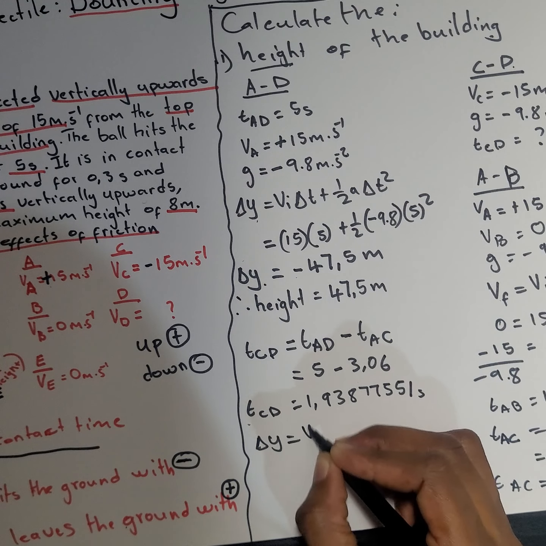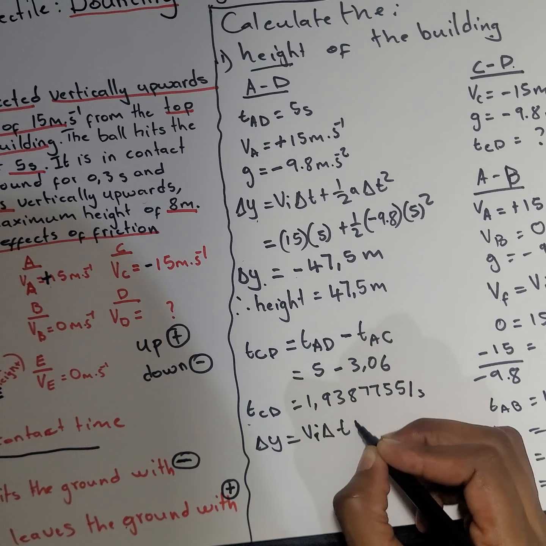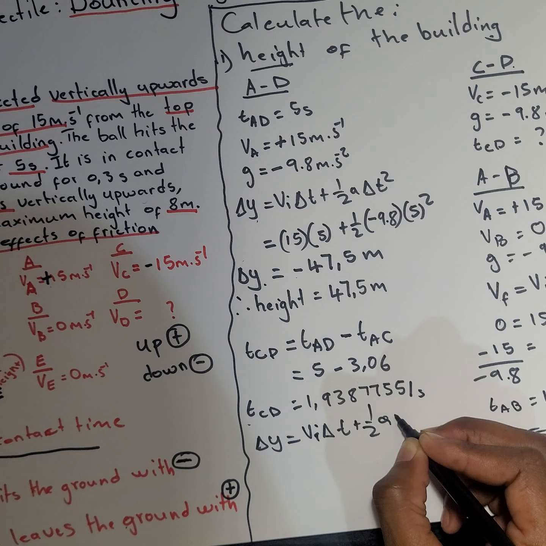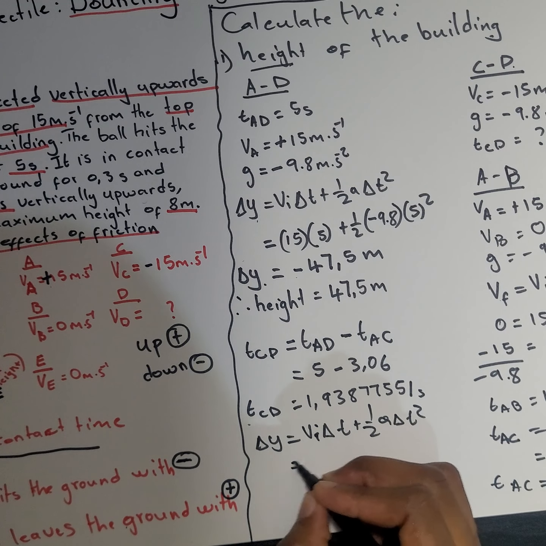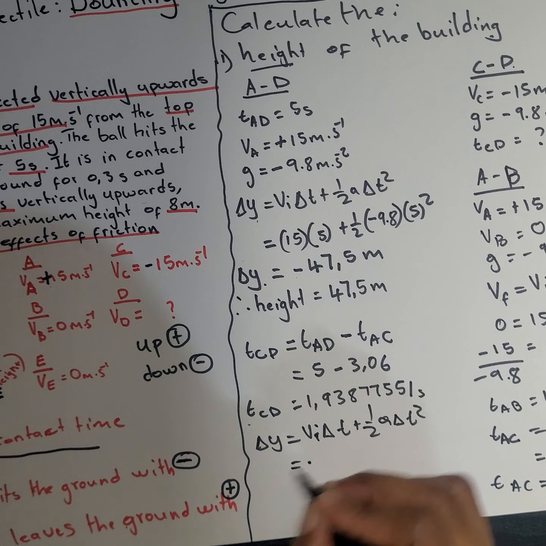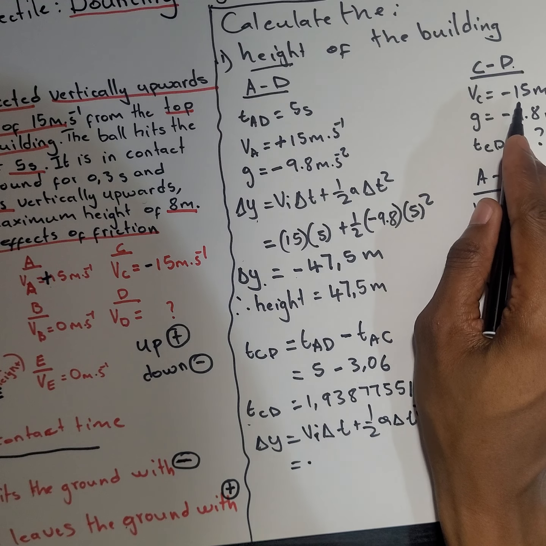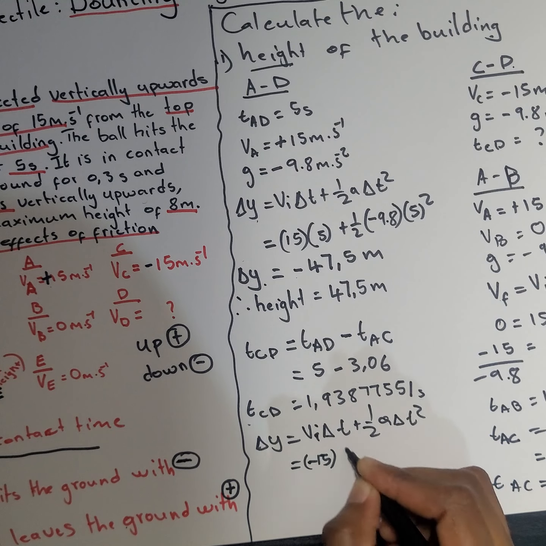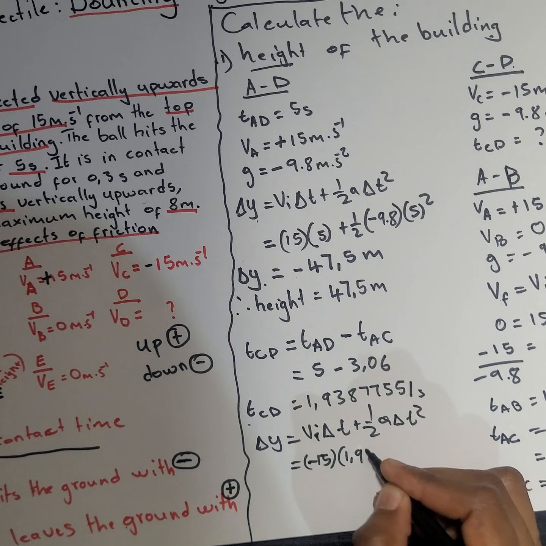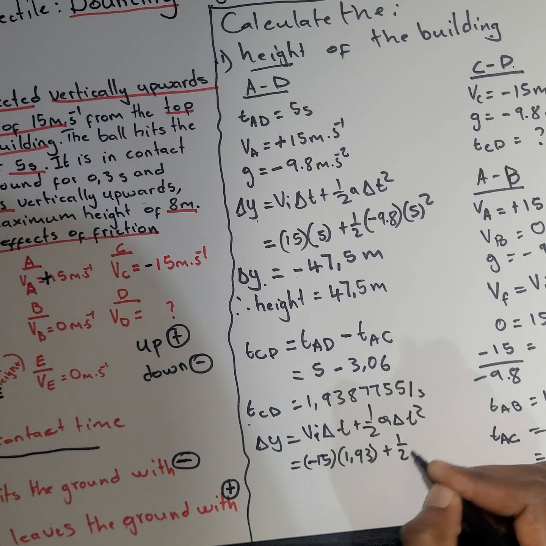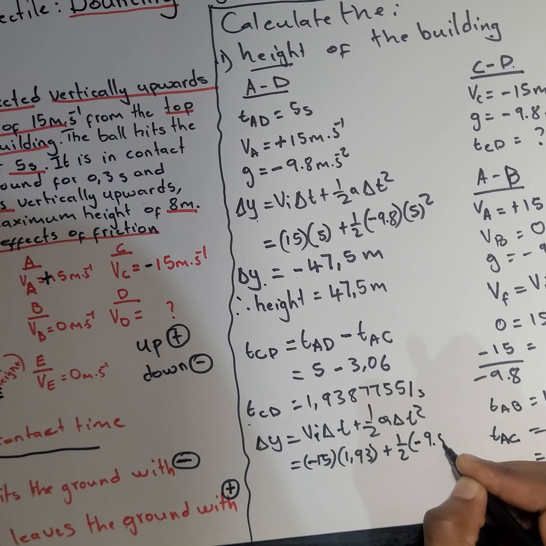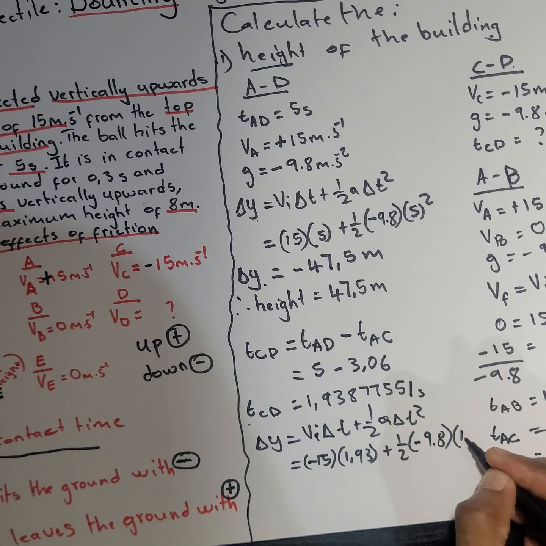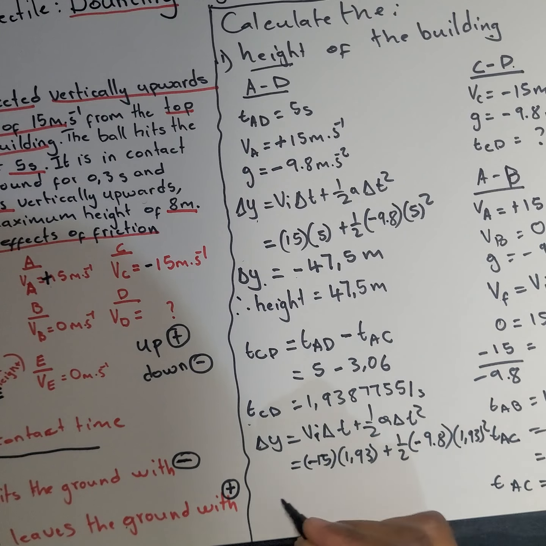Delta y is equal to v initial delta t plus half a delta t squared. And then from there, I know my v initial. We said it is negative 15, and then the time is 1.93, plus half of negative 9.8, and then the time squared.